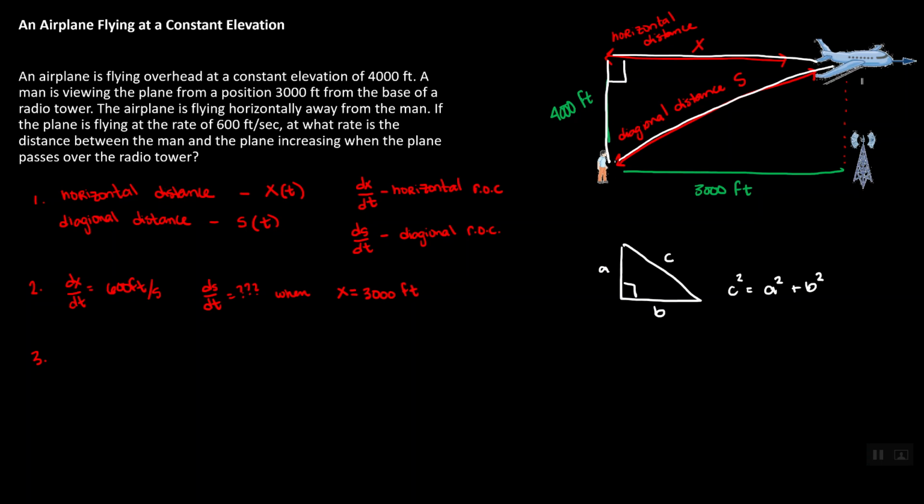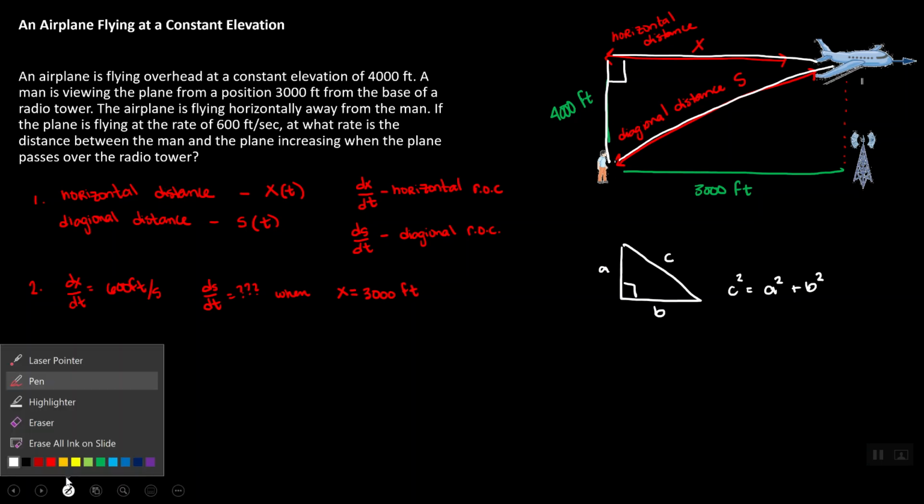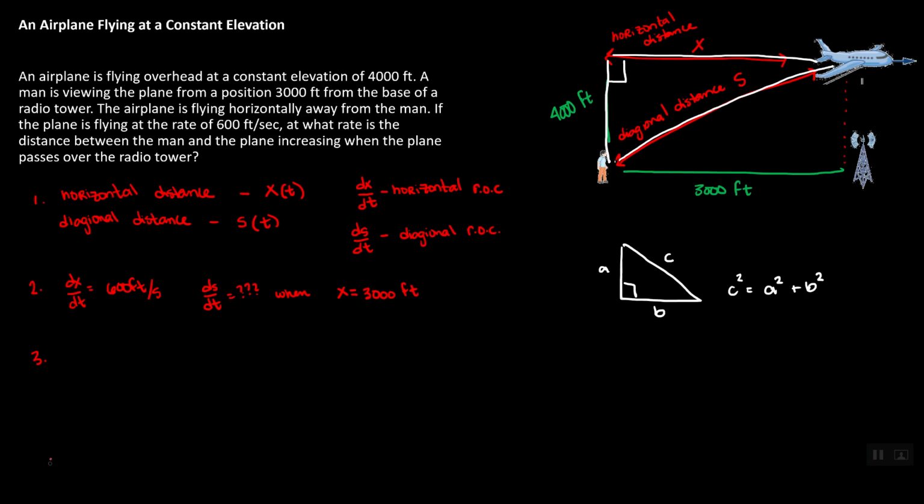So we'll use this to create an equation that relates the variables from step 1. Our horizontal distance x squared plus our vertical distance, which is 4,000 feet, squared, would be equal to our diagonal distance s squared.